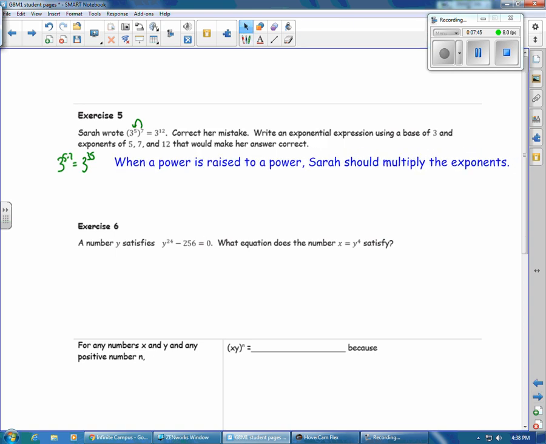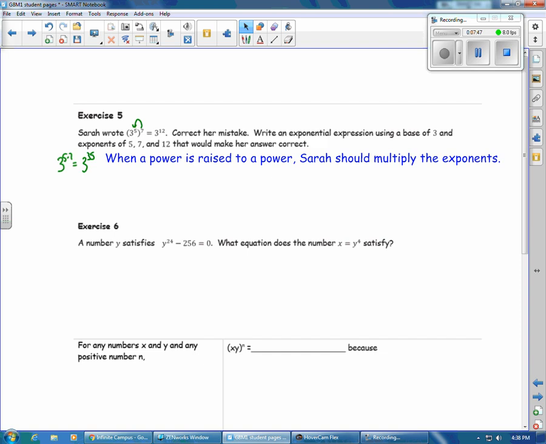So when a power is raised to a power, Sarah should multiply the exponents. Now they're asking us to write an exponential expression using a base of 3 and exponents of 5, 7, and 12 that would be correct. Now, when do we add our exponents together?